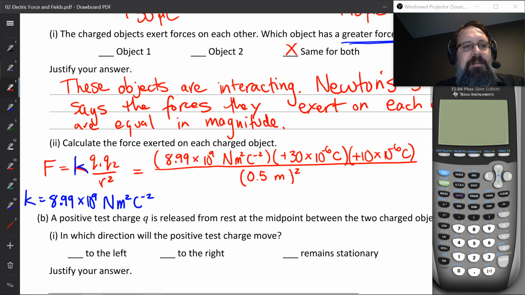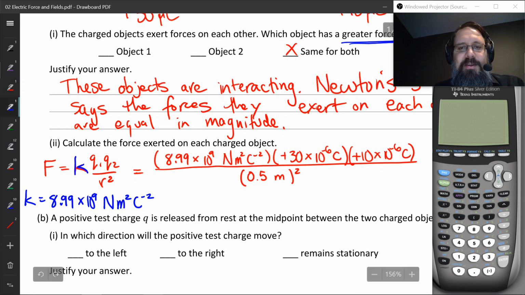Okay, before we start evaluating this with the calculator, I want to go through and look at the units. The first thing you notice is that the meters squared in Coulomb's constant are going to cancel with the meters squared on the bottom. Looking at the charges, you have coulombs times coulombs, and so those are also going to cancel out with the unit inside the constant.